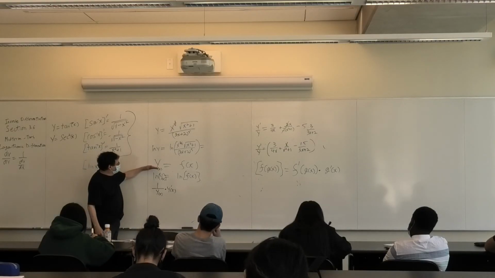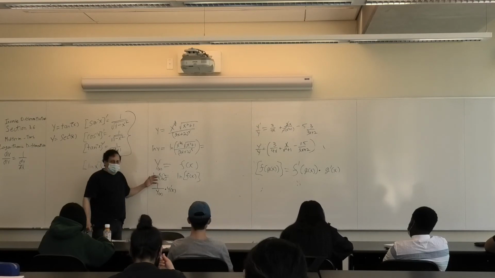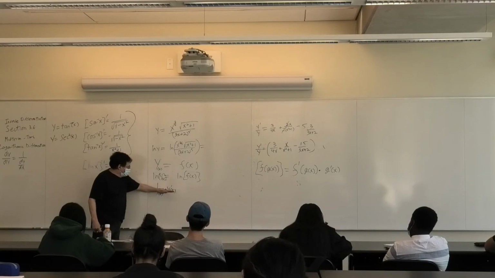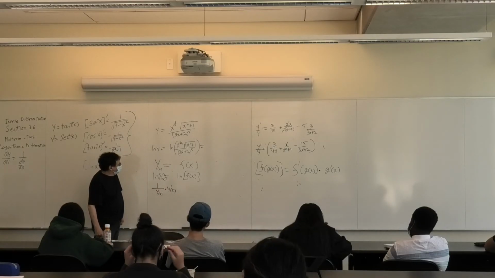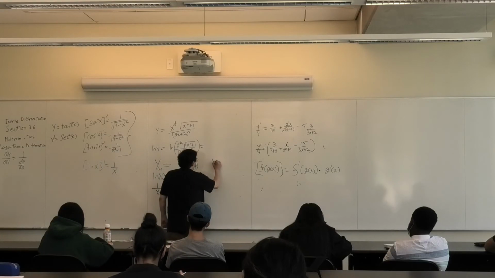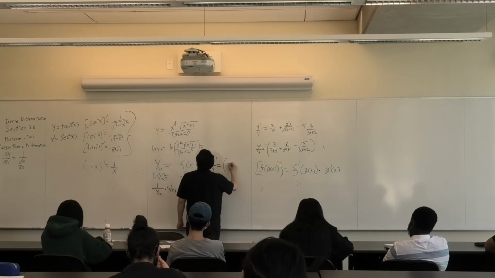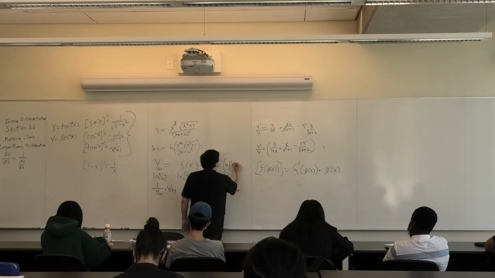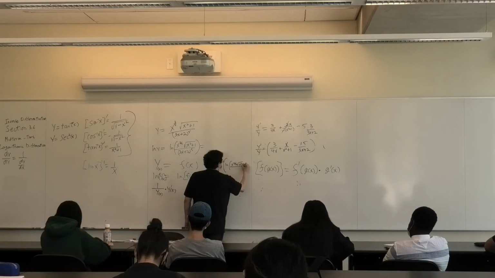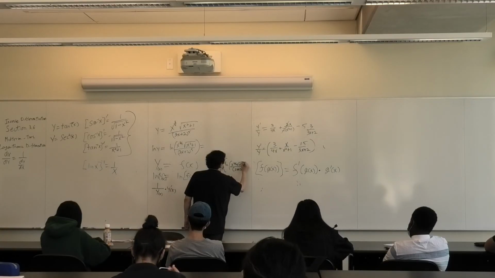Here, since I've got the log of y, now I have to use the chain rule: 1 over y times the derivative of y. So that's how I end up with this y prime over y equals, let's just fill in, log of x to the 3/4 square root of x squared plus 1, 3x plus 2 to the 5th.